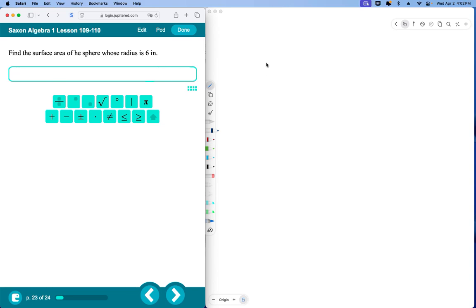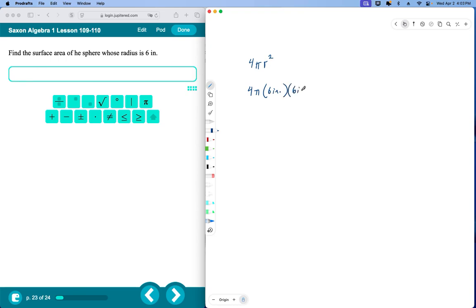So surface area is going to be 4 times pi times radius squared. Okay, so 4 times pi times 6 inches times 6 inches. That's going to be 36.